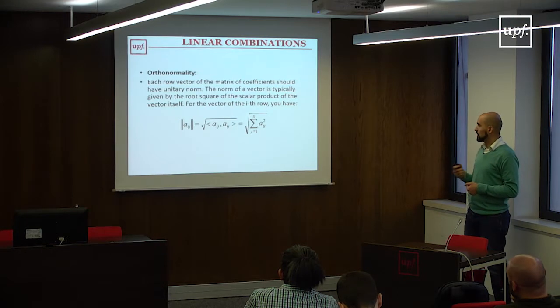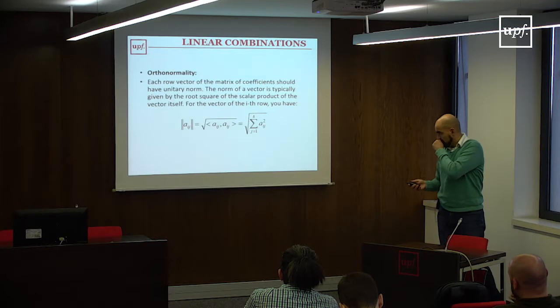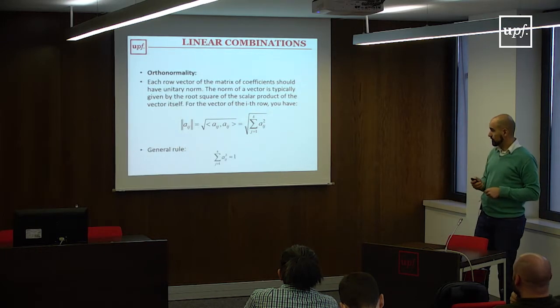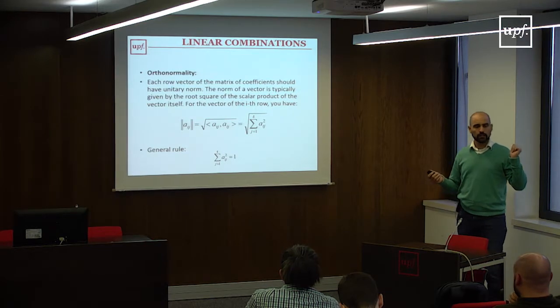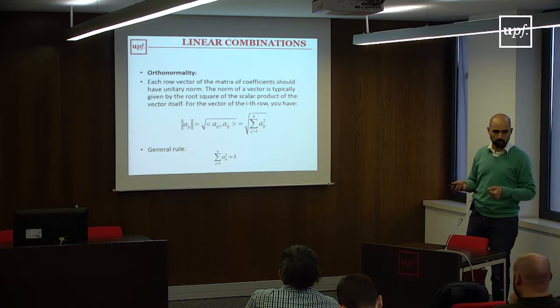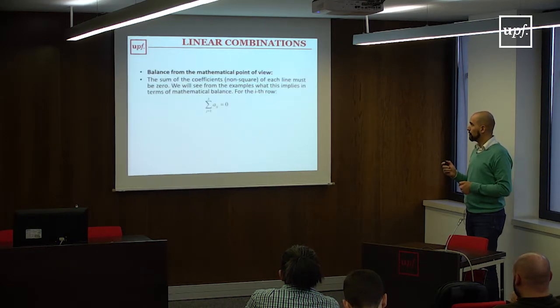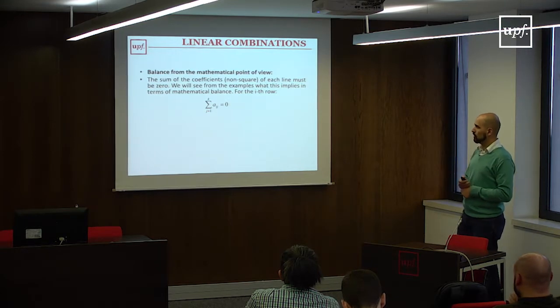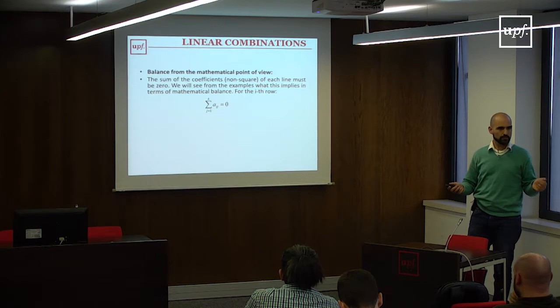The norm of the vector is typically given by the square root of the scalar product of the vector with itself. Generally, this is not very difficult to achieve. If we have orthogonal vectors, we can just divide them by the norm, and we have orthonormal vectors. Balanced from the mathematical point of view means that the sum of the coefficients must be 0.